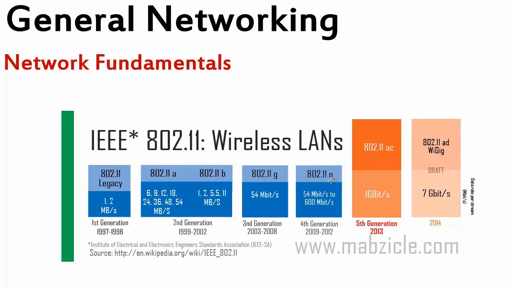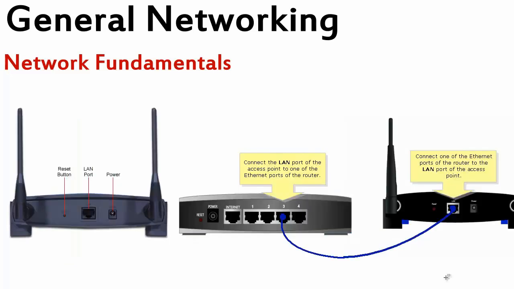In most cases, if you go to the next standard, it is backwards compatible. It has been like that. I hope they will keep it. If you go for 802.11n and you have a laptop that supports, let's say G, you should not expect to get 600 megabits per second. It is backwards compatible, which is good news.